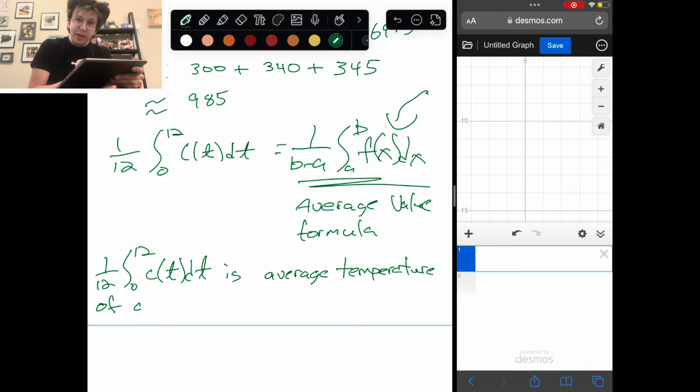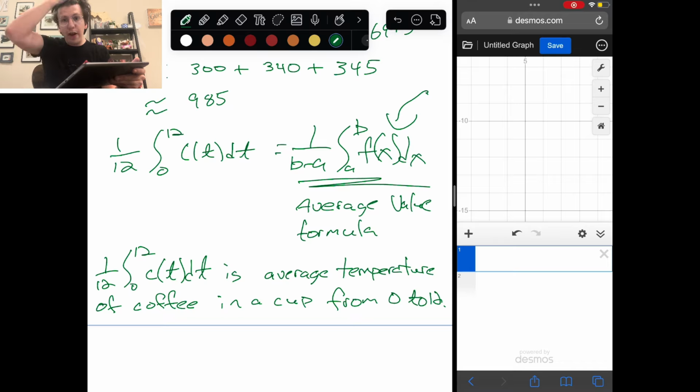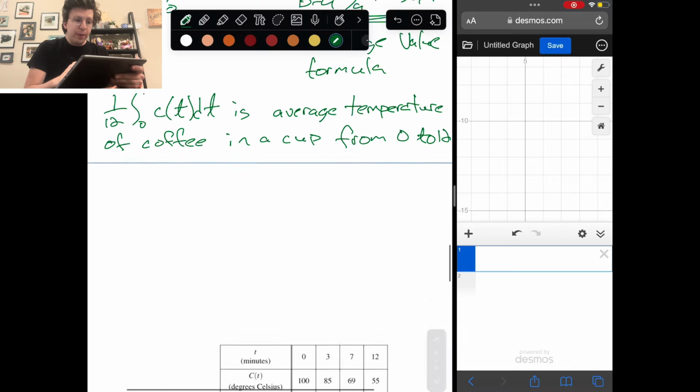That's what C of t stands for. In a cup from 0 to 12. Always include your range, your time value. All right, that is part B.